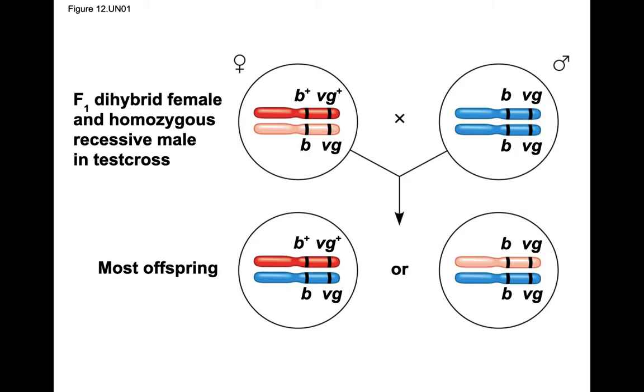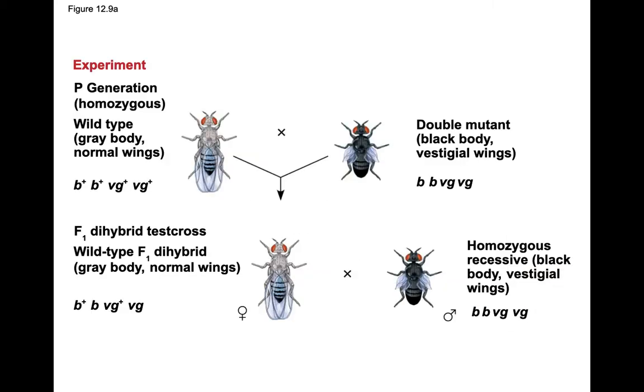So he was examining dihybrid females, meaning females that had one copy of the wild type and one copy of the mutant alleles for body color and wing size, and he crossed them with homozygous pure breeding recessive males in a test cross, and most offspring tended to show either complete homozygous recessive traits or heterozygous dominant traits.